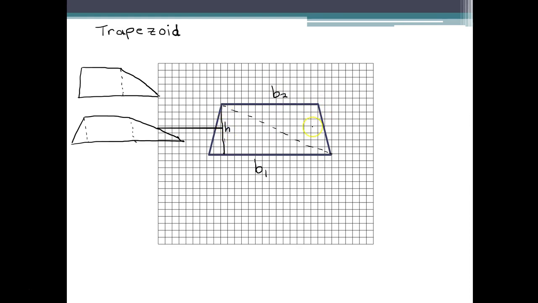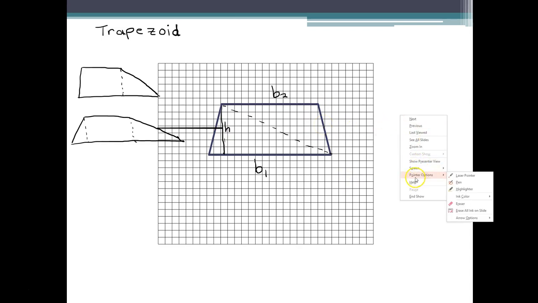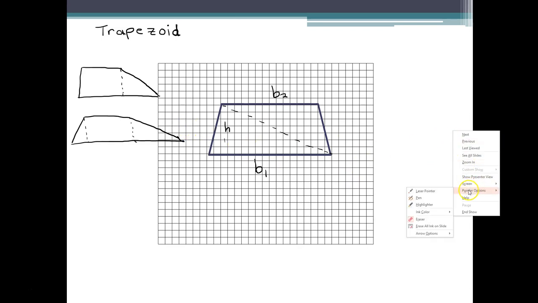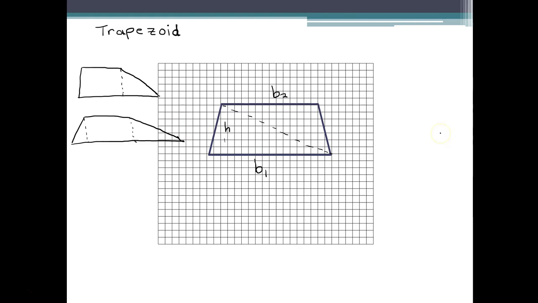Your height h is the same for both triangles. So you can just call the height h no matter which triangle you're working with. So you can call the height h right here too.